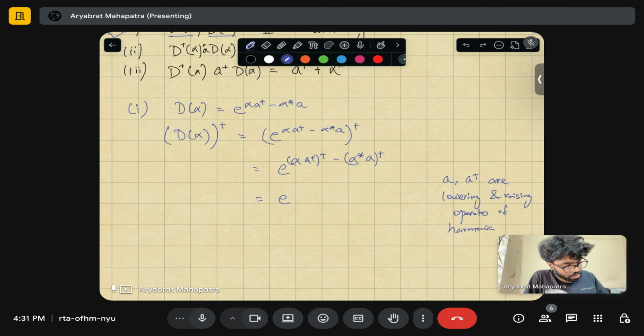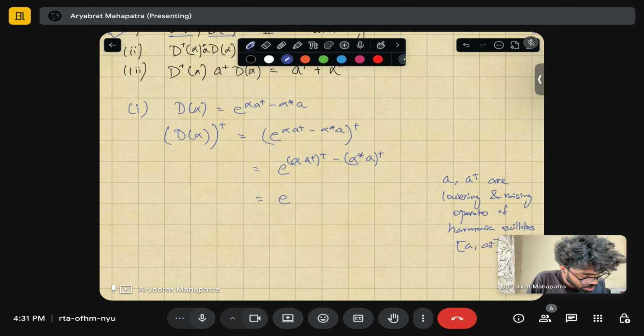They have a commutation relation that equals identity. So these a and a dagger that we are dealing with here are basically raising and lowering operators.